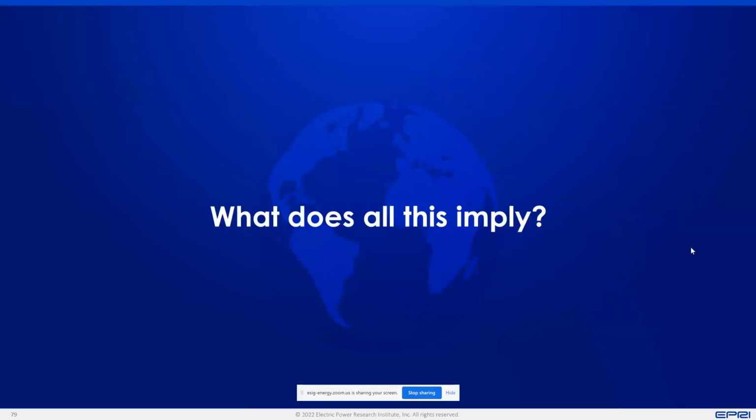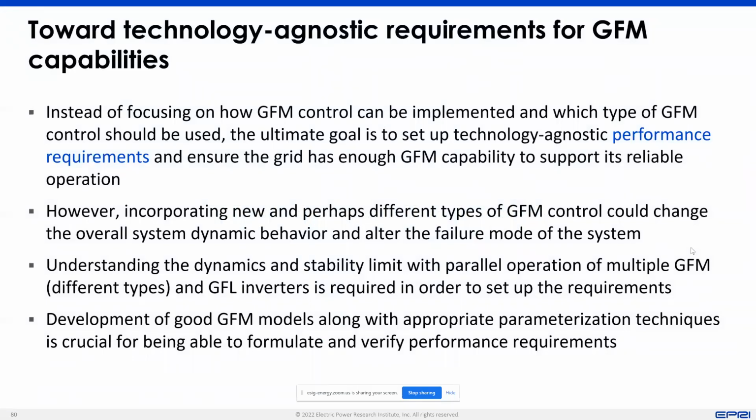And I think all the implications we have really covered, but the main message we wanted to get across was that we need to start getting grid forming inverters into the system, but we don't want to focus on the control type. Rather, focus on the performance and the services required to be provided by those inverters, and let the manufacturers choose what kind of control type they want to implement, as long as they can deliver the service that is required.